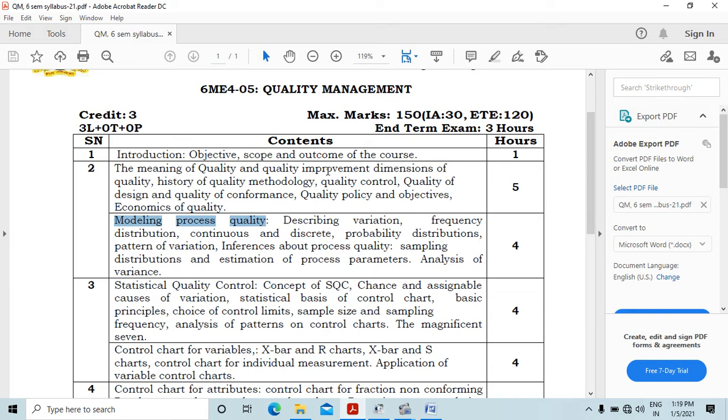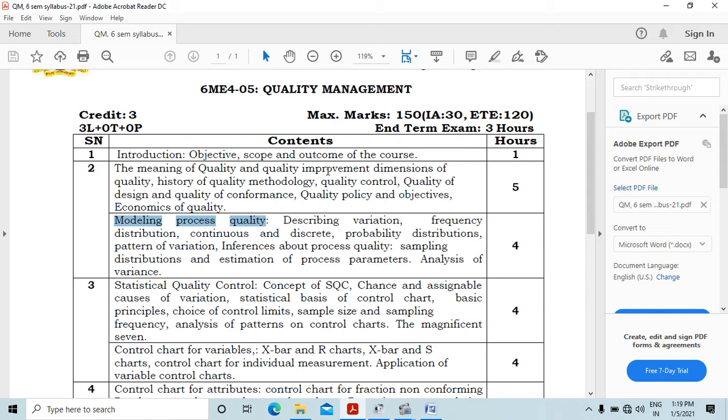In this semester, I will teach you the Quality Management subject. The code of this subject is 6ME4-05. The syllabus of this subject is classified into 6 segments. In the first segment, we will discuss the objective, scopes and outcomes of the quality management subject.